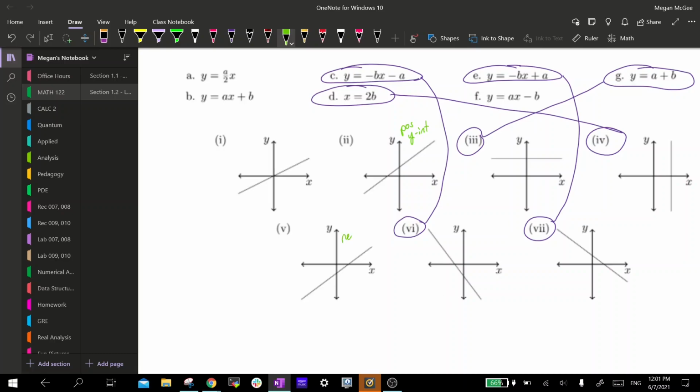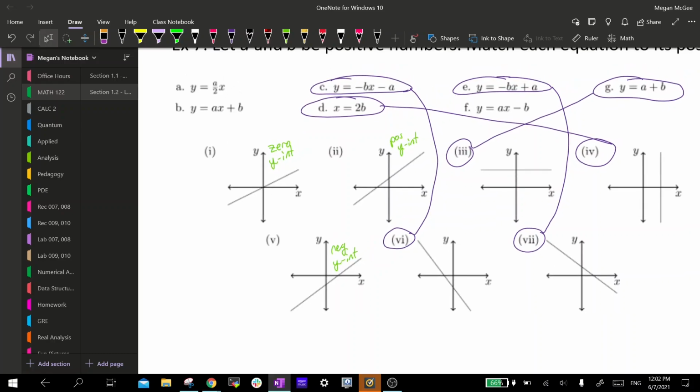Here we have a negative y-intercept. And here we have a 0 y-intercept. It crosses the y-axis at 0. So that should help us narrow down which equations best fit with these graphs.